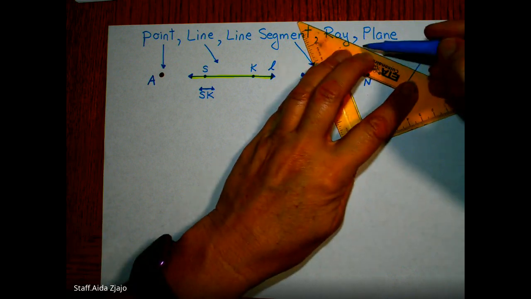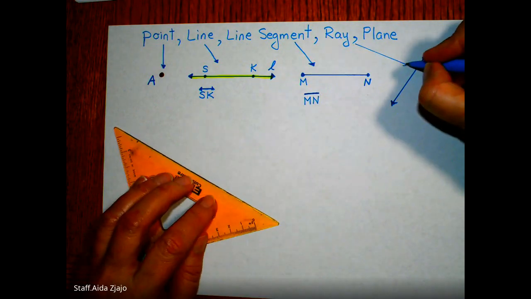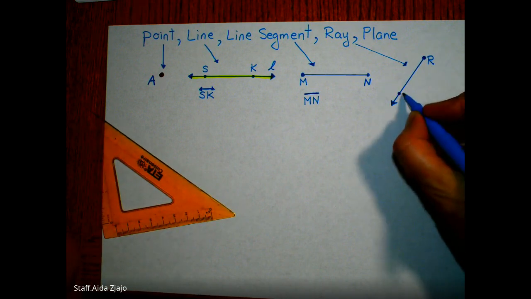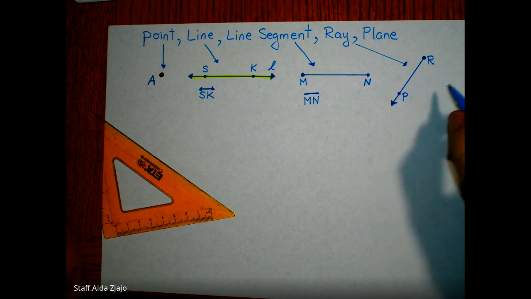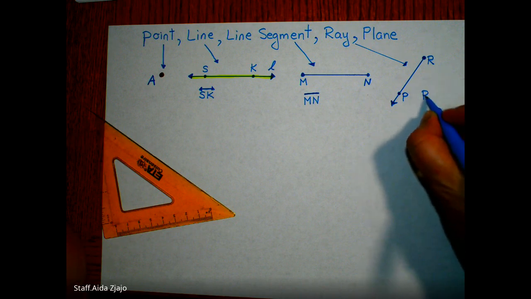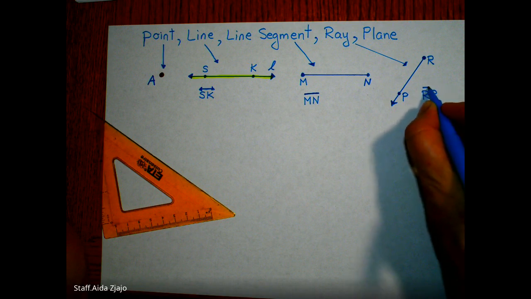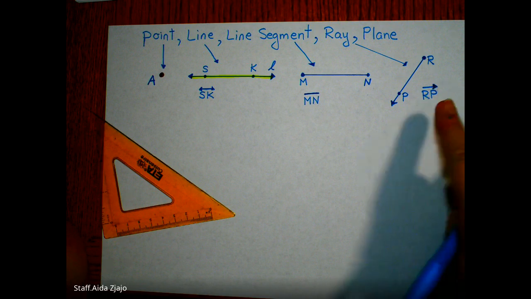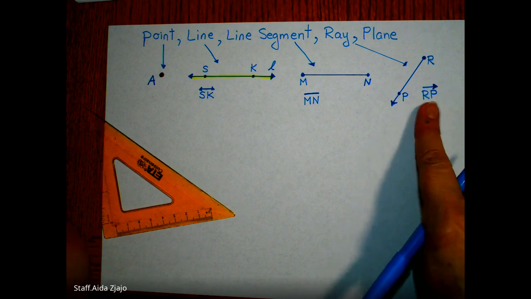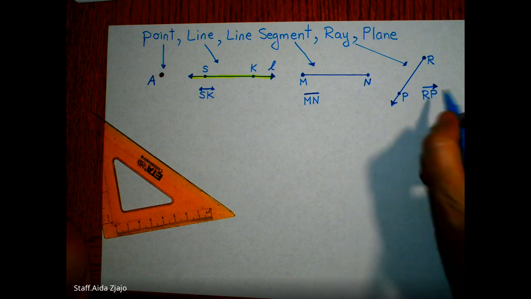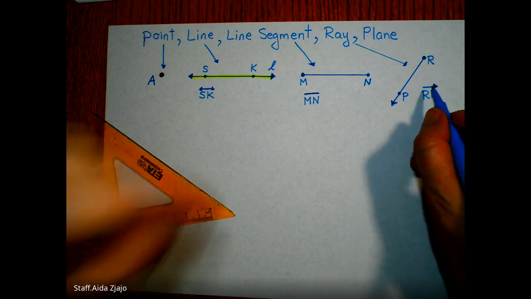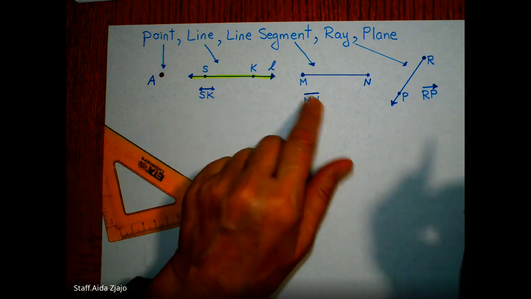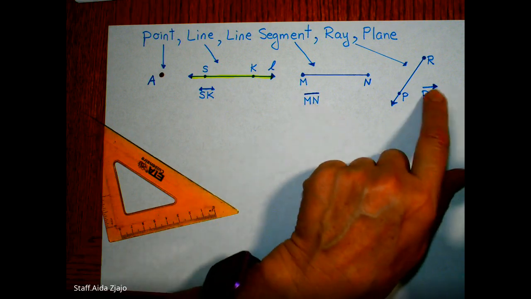If this is our ray, I'll label that P. So we can have the letter P on our ray, and we can label that ray RP, with a line with only one arrow at the end. So I know it has to be a ray because it has only one arrow. It's not a line. A line has two arrows on both sides. A line segment does not have any, and a ray has only one.